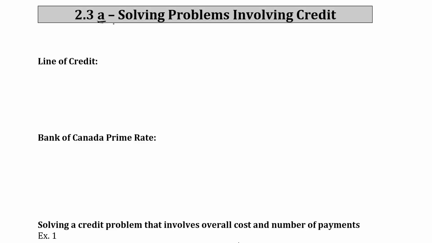Let's launch into some vocabulary pieces. So, a line of credit. This is something that is super helpful. Speaking from personal experience, I have a line of credit. And what is it?